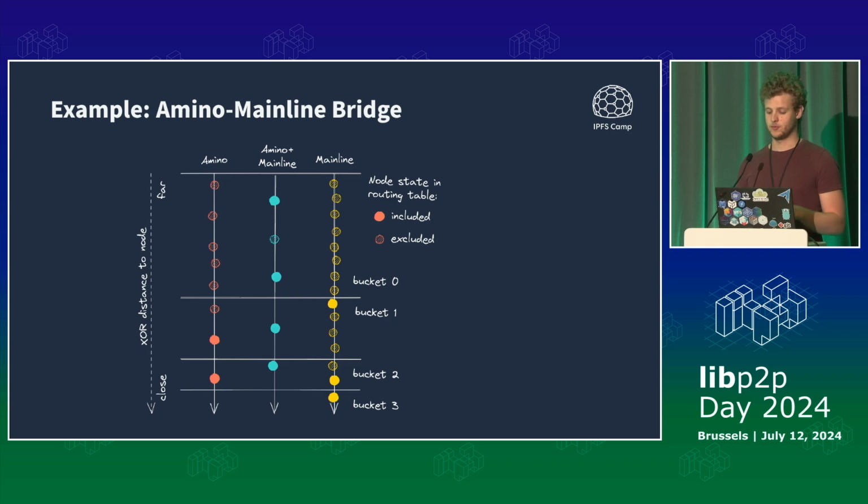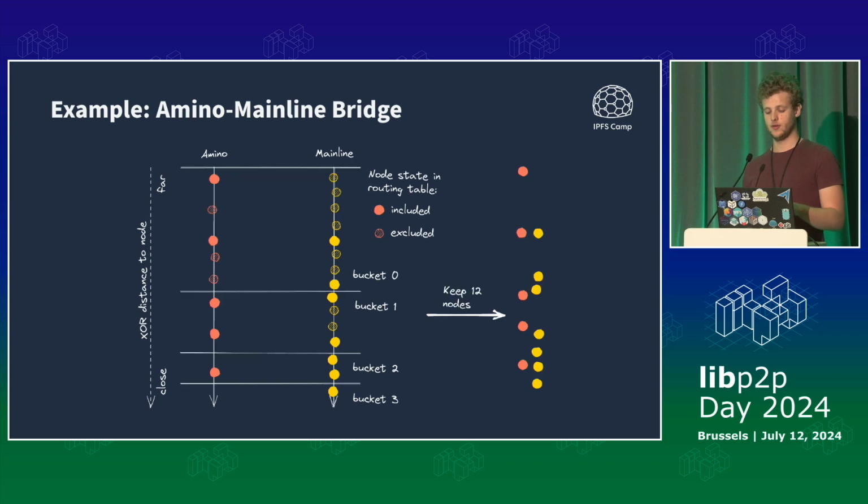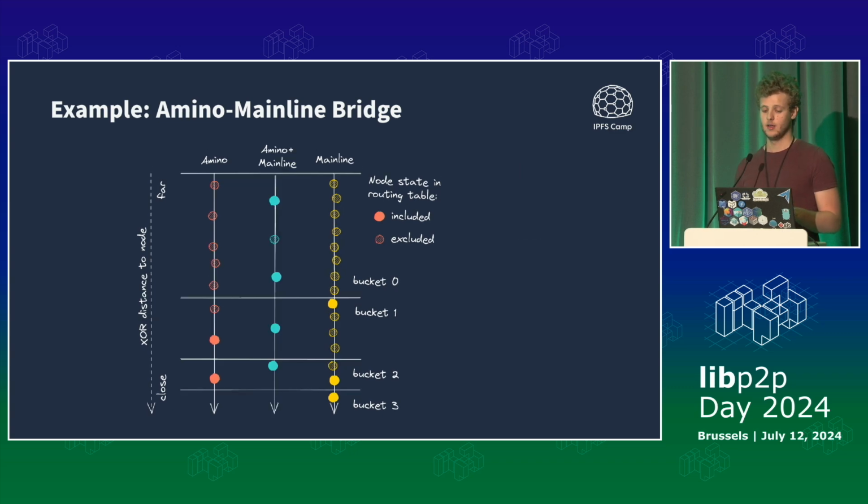So, for instance, in bucket 0, before I used to have 2 nodes in Amino and 2 in mainline. Now I can just have 2 that are running both networks. So I actually reduce the state that I need to store, and as a result I can decrease the routing table size.